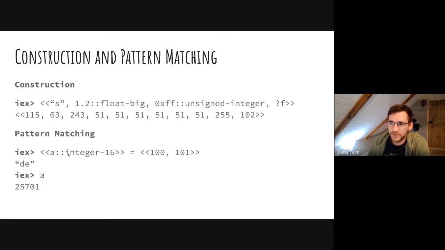The pattern I can use is to bind whatever matches to A and match a 16-bit integer. By the way, 16 is shorthand for size 16, so if you don't want to write out size, you can just write 16. When I run this, the console gives me back DE. And you say, what? Where does this DE come from?